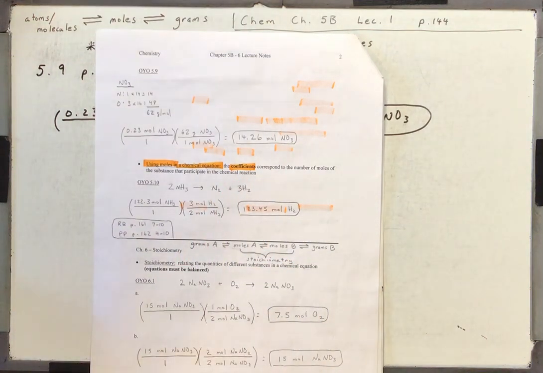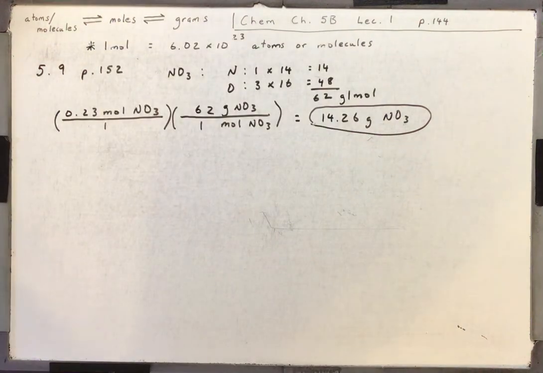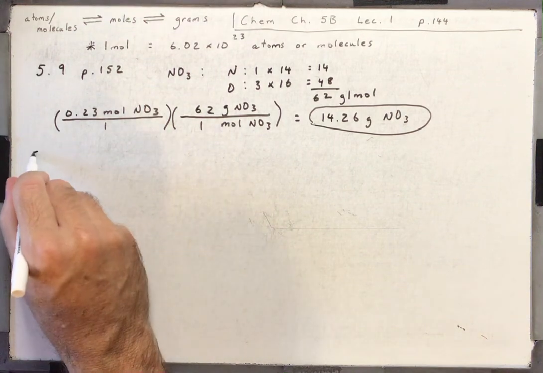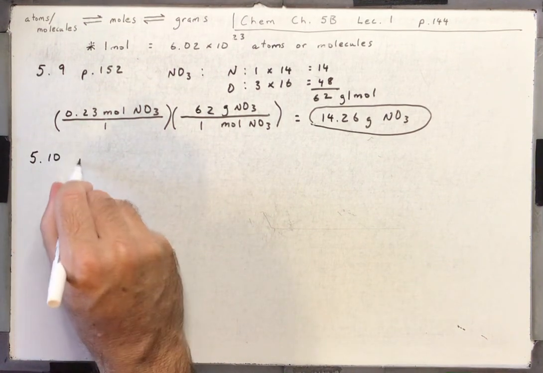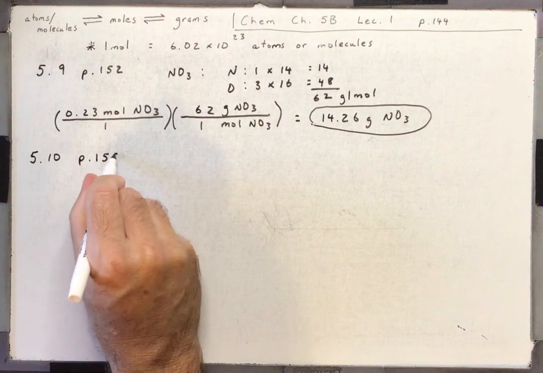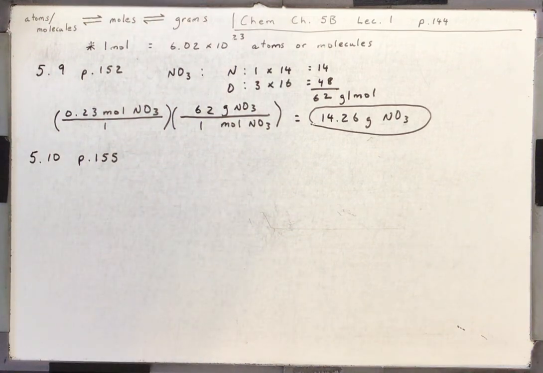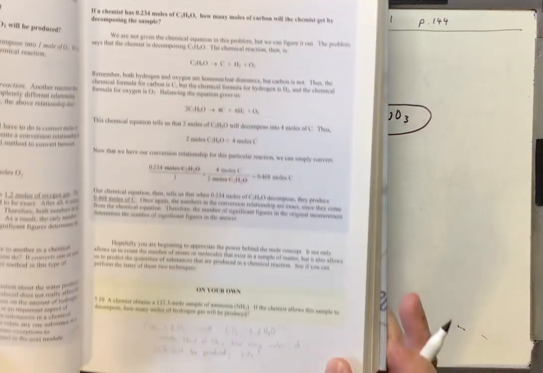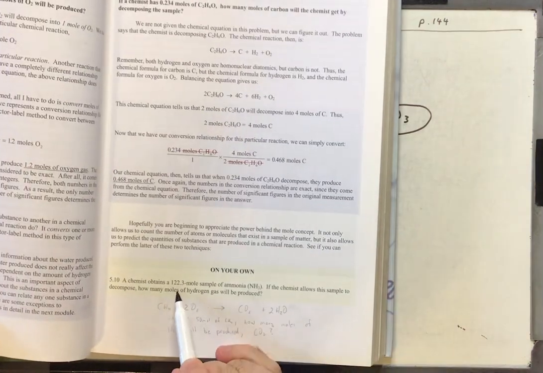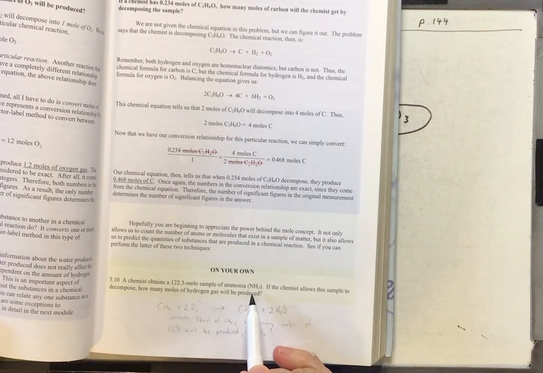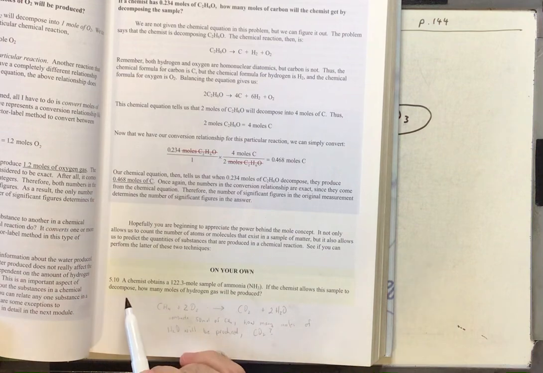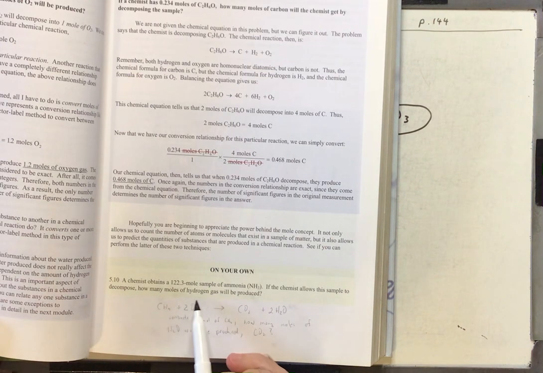All right, let me show you what that means by working problem 5.10. Okay, so we are at the bottom of 155. So that problem says a chemist obtains a 122.3 mole sample of ammonia. If the chemist allows this sample to decompose, how many moles of hydrogen gas will be produced?